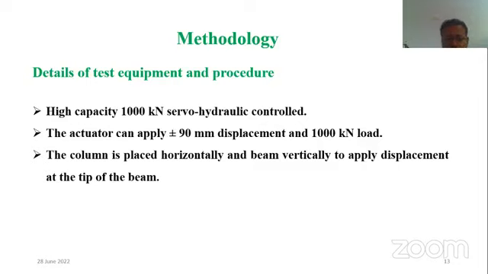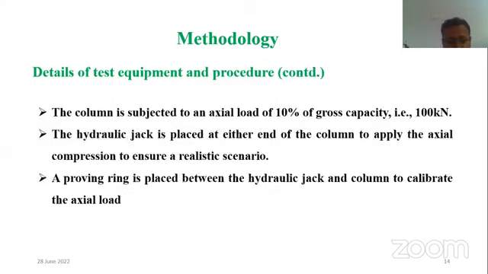That is, it can apply tension and compression to the specimen, and also it can apply 1000 kilonewton load. That is the maximum capacity of the actuator. The column is placed horizontally and the beam is placed vertically to apply the load at the tip of the beam. That I already explained in the previous figure.